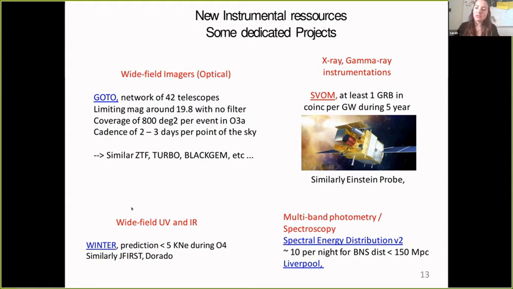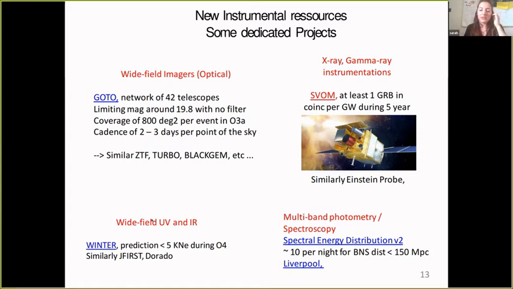And I think that in the future, we will already have some attempts at wide-field near-infrared. Why? Because you have more time to detect the kilonova, since the near-infrared kilonova peaks days after compared to optical, and maybe UV.